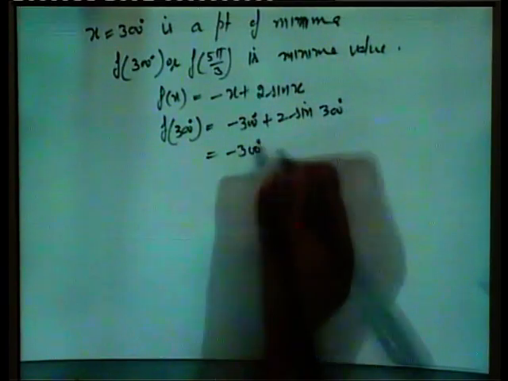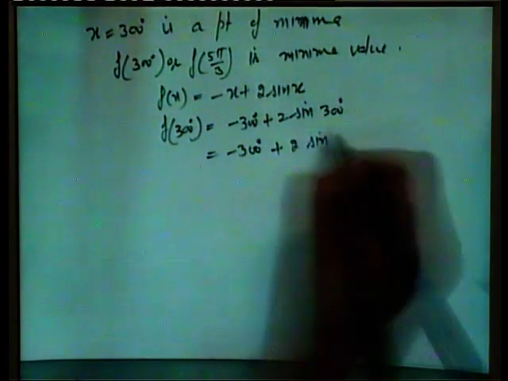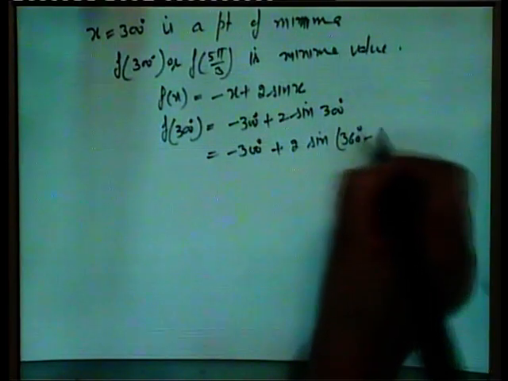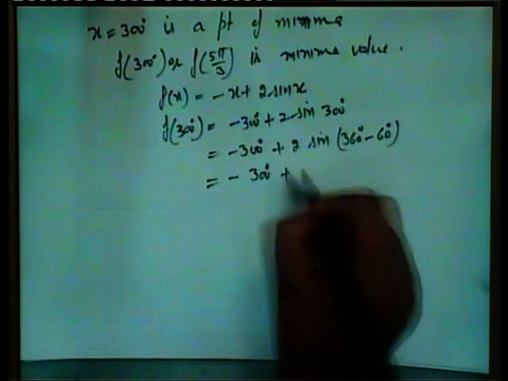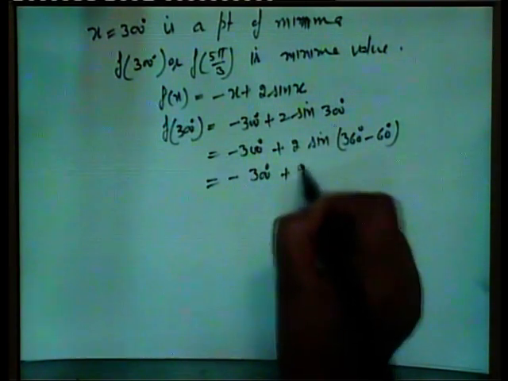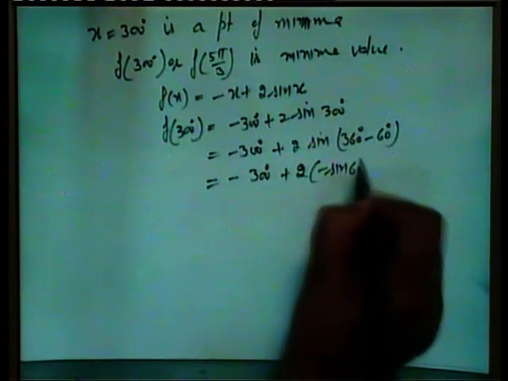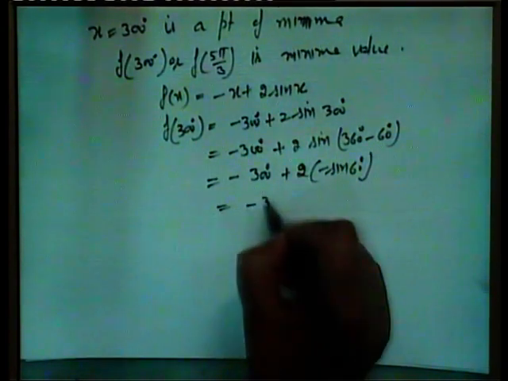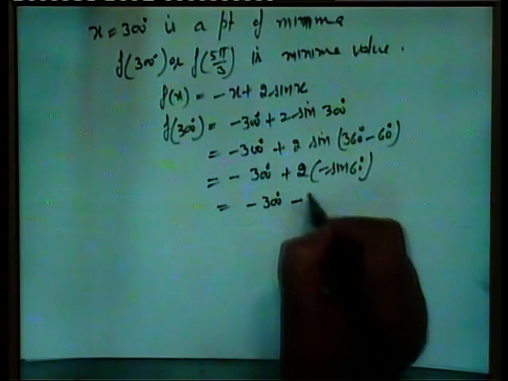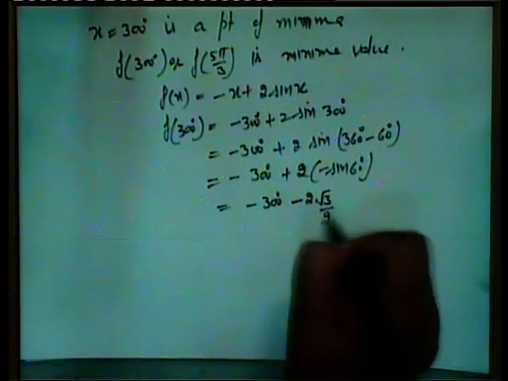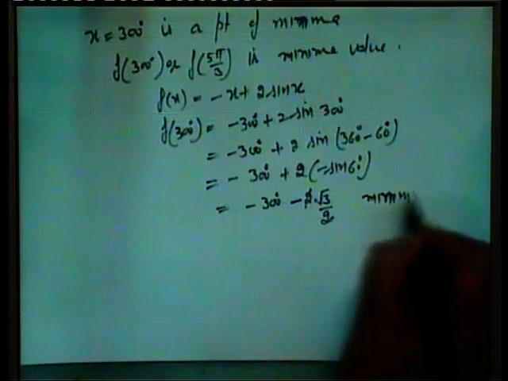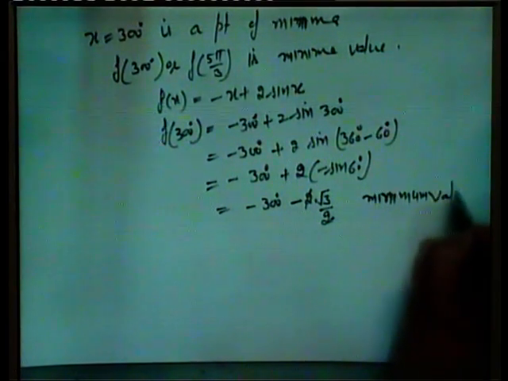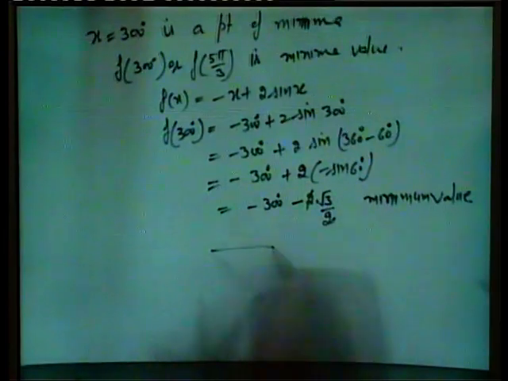We can write 300 as 360 minus 60, which is equal to minus 300 degree plus 2 into minus sin 60 degree, equal to minus 300 degree minus 2 sin 60 degree. The value is √3/2. This is our minimum value.